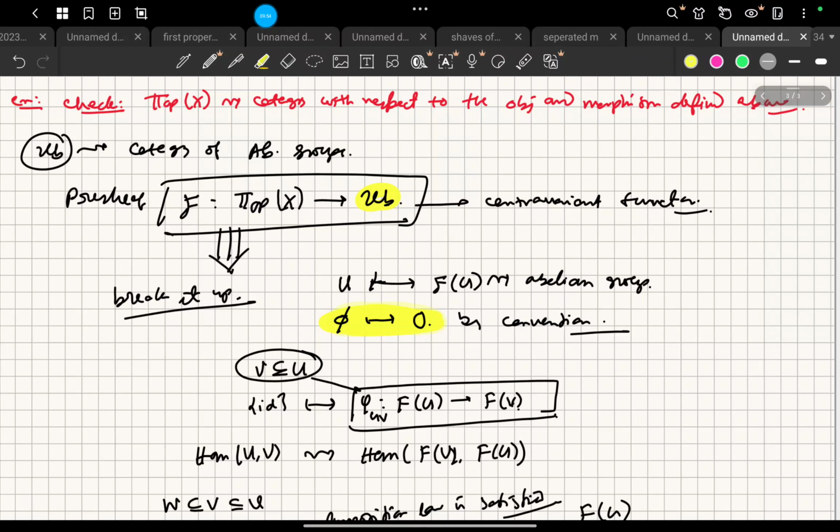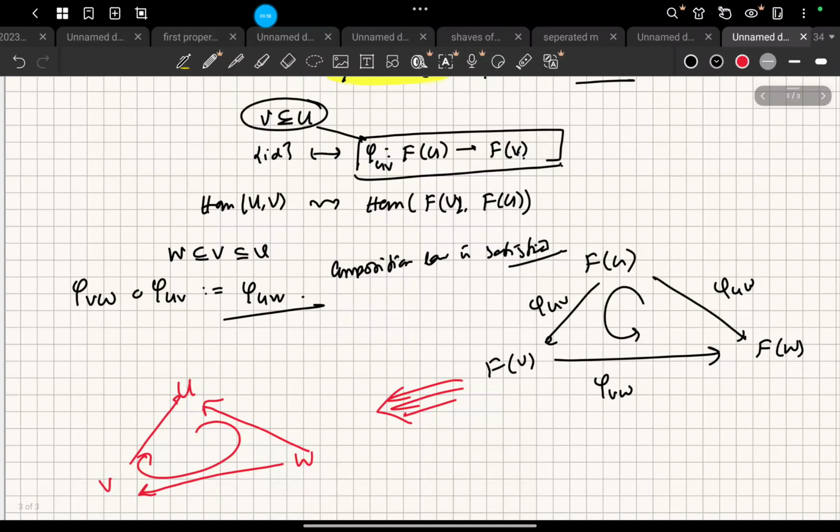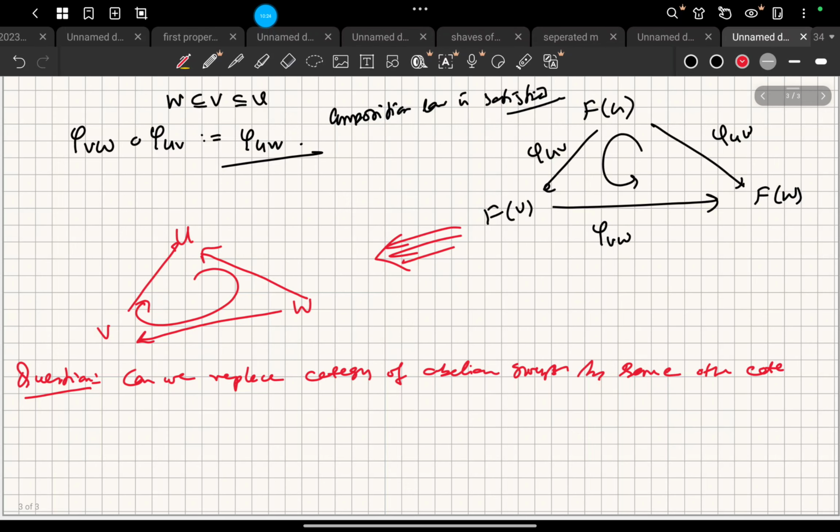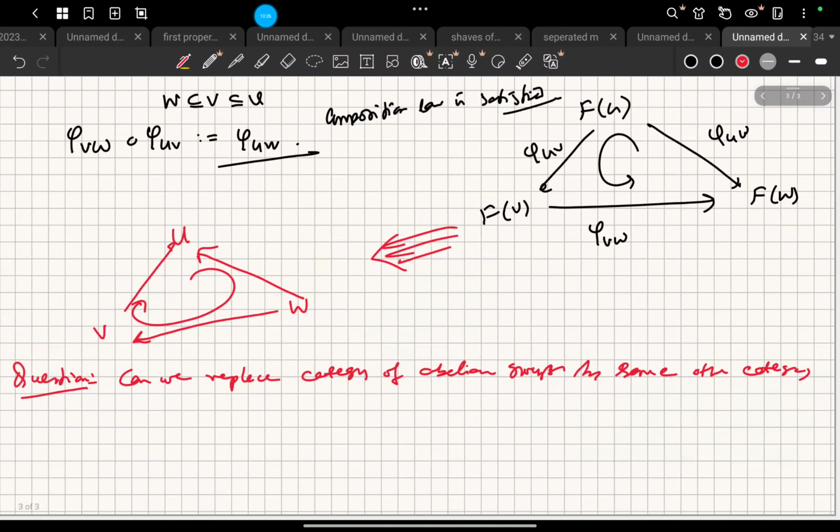What if we take another kind of rings? So the question is, can we replace the category of abelian groups by some other category?